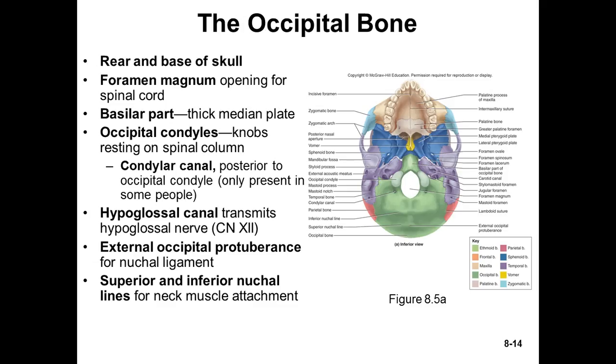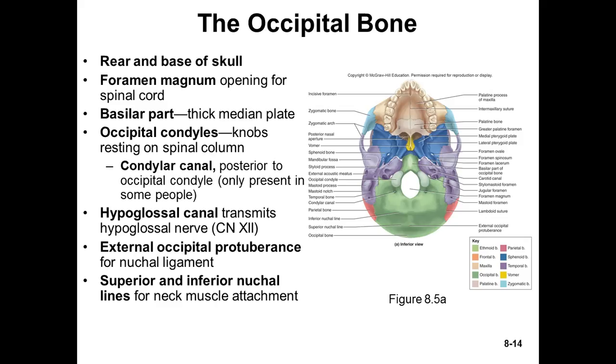You also have ligaments that attach there. You have superior and inferior nuchal lines, and nuchal ligaments there as well, which actually connect the skull to your vertebral column, which is very important. So you have your superior and inferior nuchal lines. Your neck muscles will actually attach there.